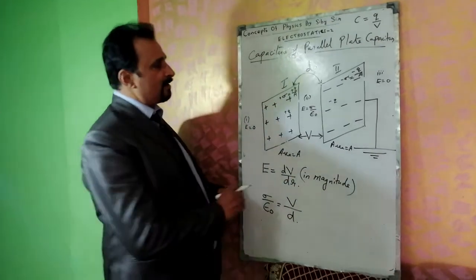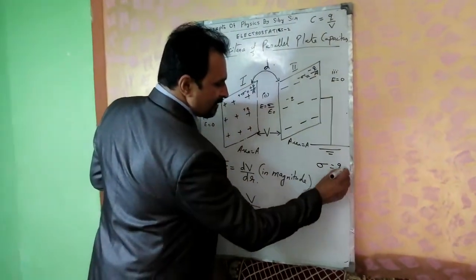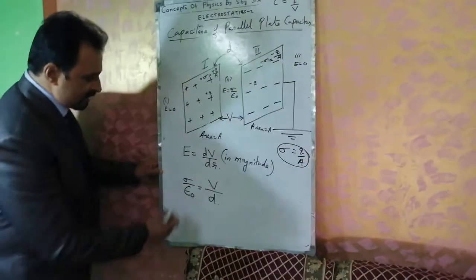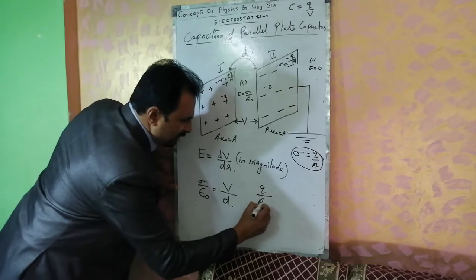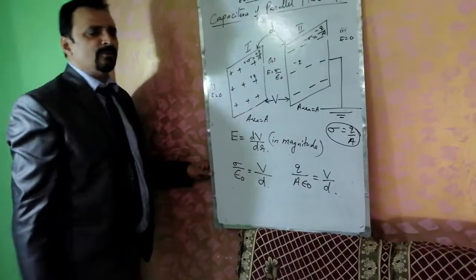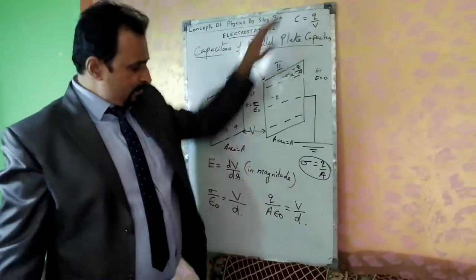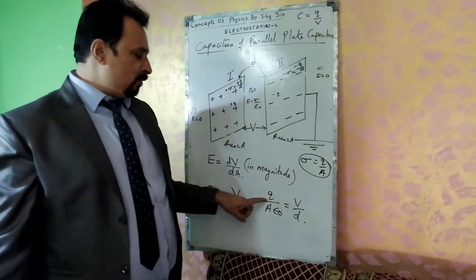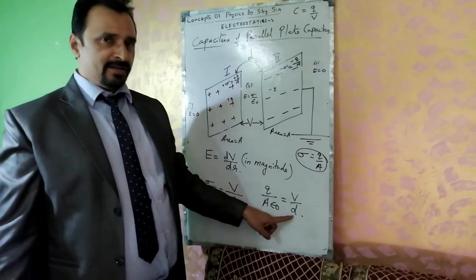But you know sigma is charge upon area, Q by A. So instead of sigma, you can write Q by A. So your expression becomes Q by A epsilon naught equals V upon d. What's our aim? You have to reach C is equal to Q by V. Now you see, Q by V, numerator by numerator is equal to denominator by denominator.